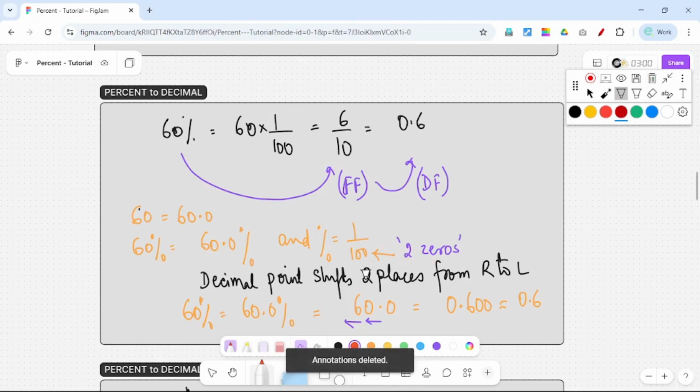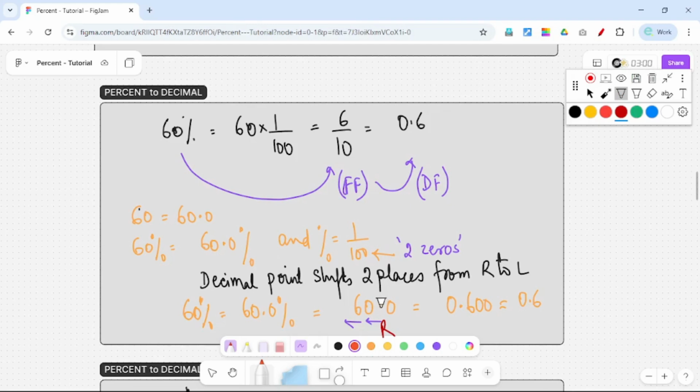So I'll shift the decimal point 2 places from right to left. If you want to remove this percent, that's how you will convert it.